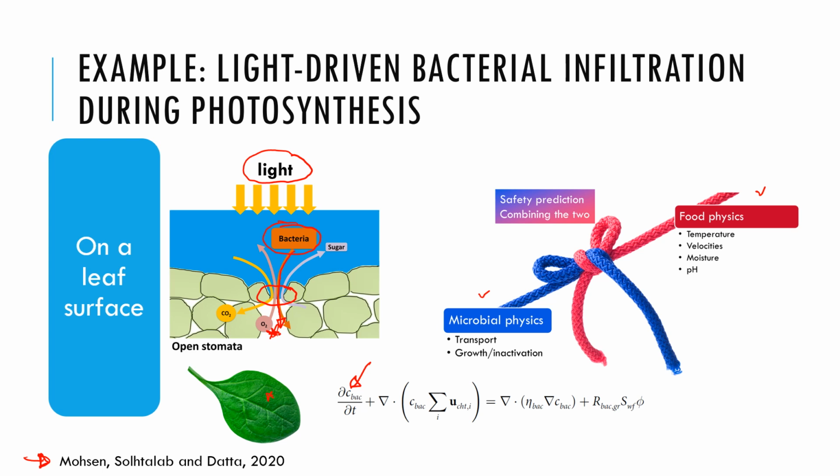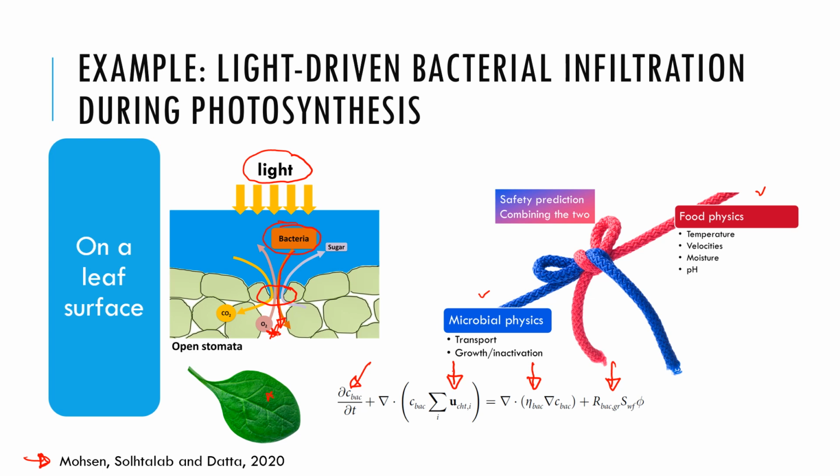So the chemotaxis would go in here. The velocities due to chemotaxis would go in here, but it's not just chemotaxis. The bacteria can also have motility, so the motility of the bacteria would go in here. And there is also the rate kinetics.